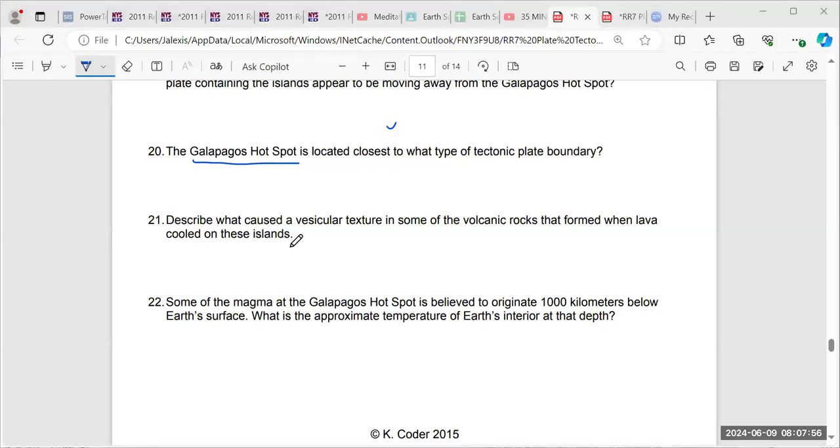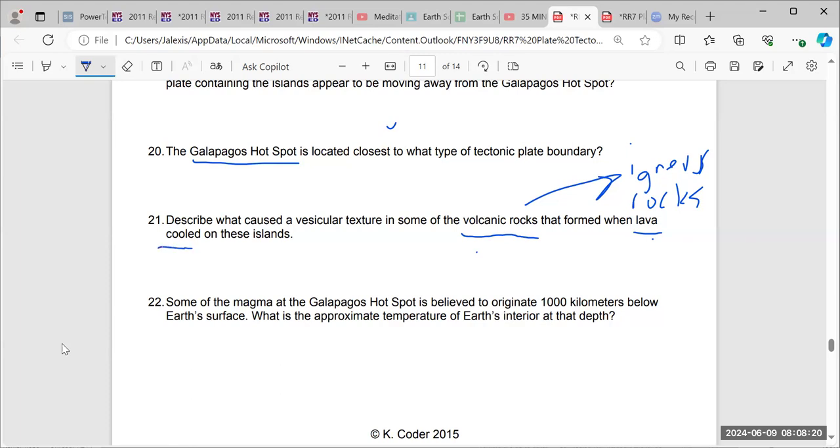21, describe what caused a vesicular texture in some of the volcanic rocks that formed when lava cooled on these islands. All right. So one thing we have to remember, volcanic rocks are for the most part igneous rocks. Volcanic rocks that formed when lava or magma cooled, this is describing solidification, which happens only with igneous rocks.